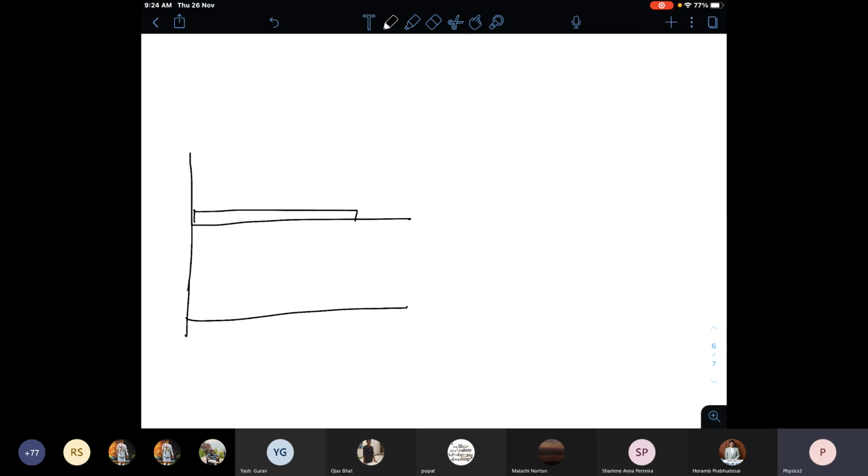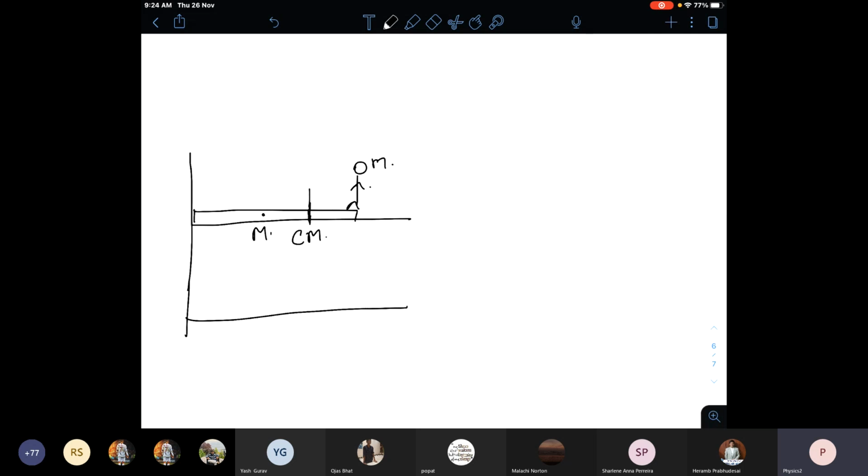Initially the plank and the man were like this, so the center of mass of the system was somewhere over here. Now the small m mass and capital M mass interchanged position.